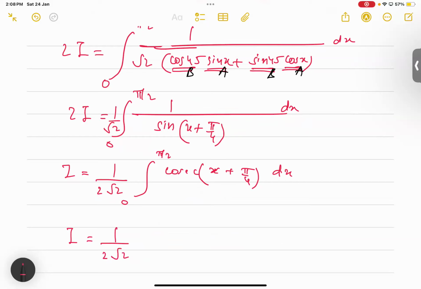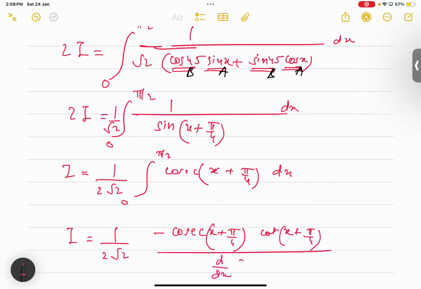Integration of cosec is minus cosec x cot x upon the derivative of x plus pi by 4. Clear?